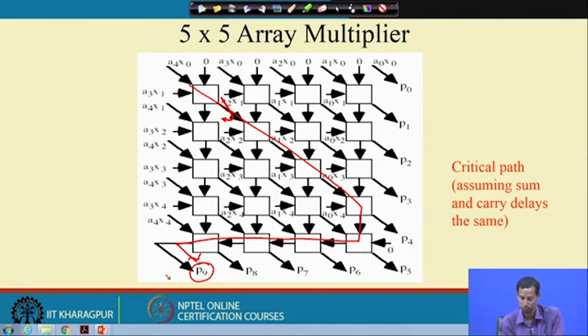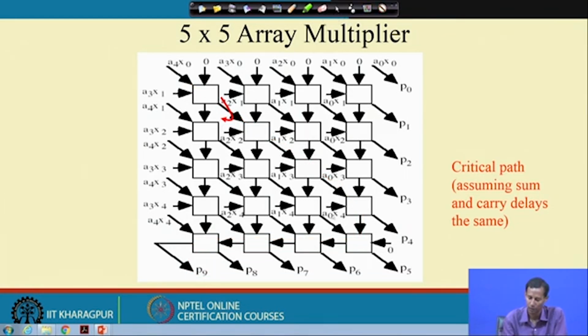So, now if we consider this array multiplier architecture, the structure is very much regular, but the delay is more, because the carry is rippling through the corresponding array. Okay.